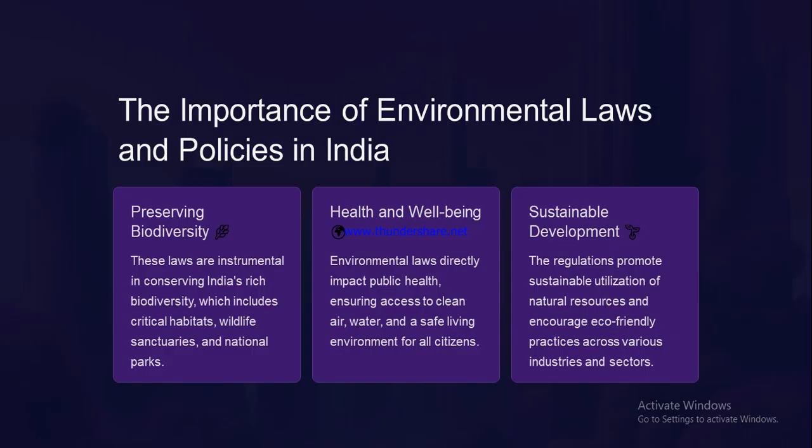So the importance of environmental laws: they help in preserving the biodiversity. The rich flora, fauna, the biodiversity, everything has to be preserved, and for that environmental laws have to be maintained. Otherwise there will be unscrupulous and unchecked setting up of industries, chopping down of trees, the entire forest can be destroyed, and a concrete jungle consisting of concrete buildings may be made.